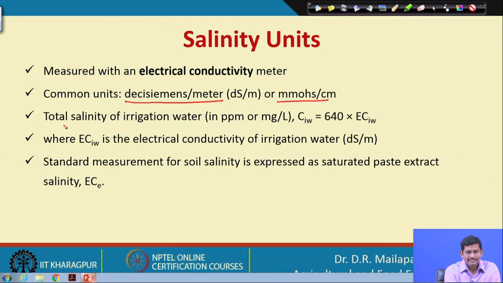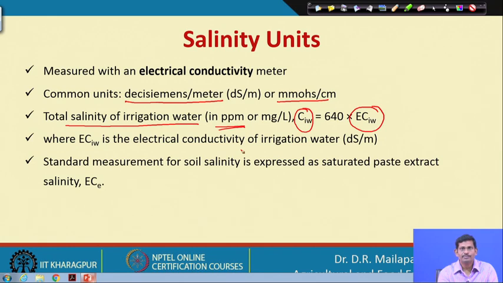Now, the total salinity of irrigation water. Knowing the electrical conductivity of a particular irrigation water, you can convert that into the concentration of salts. That is C_IW, generally measured in ppm or milligram per liter.